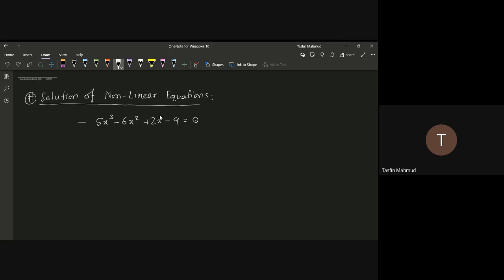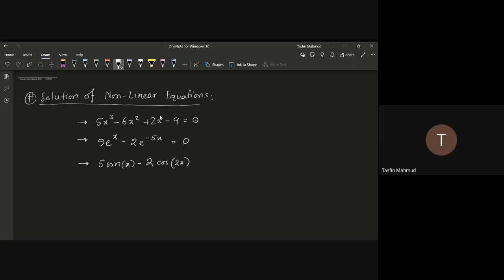Also, our equation might have this type of format, where it can have some exponential part, like 9 e power x minus 2 e power minus 5x equals 0. Some exponential equation. From this equation we will try to solve for x as well. Or we may have some trigonometric equation, like 5 sine x minus 2 cos 2x.